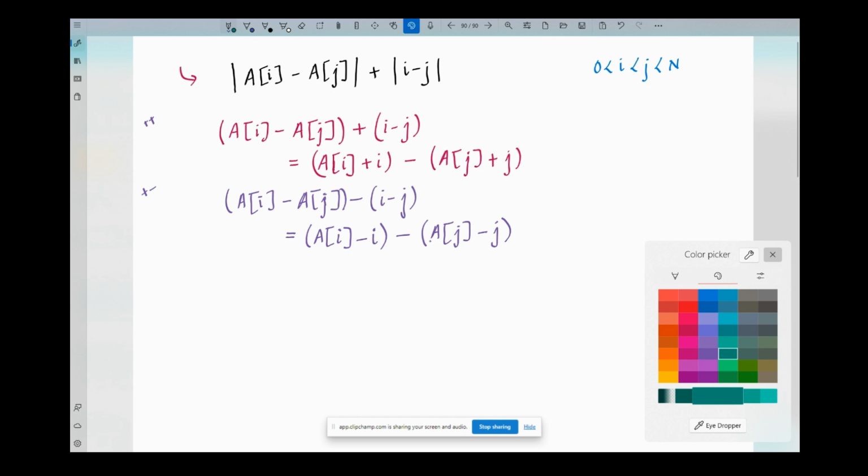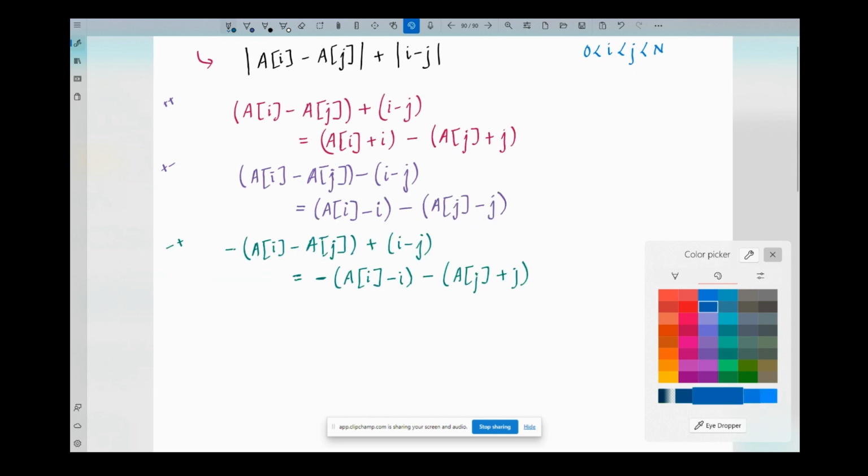The third one will be negative, positive. A of i, this will become minus i, both negative.